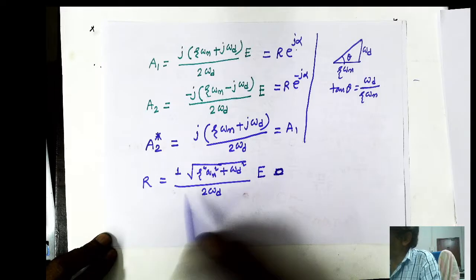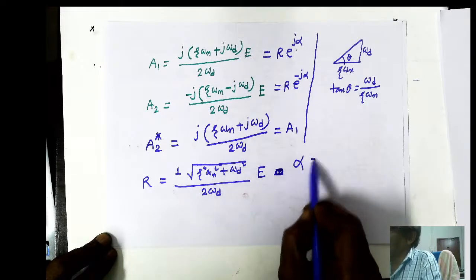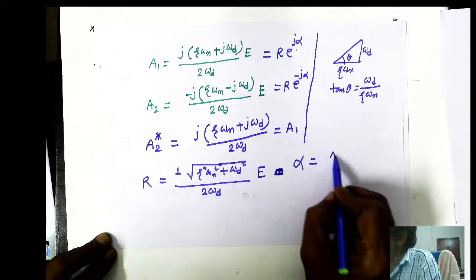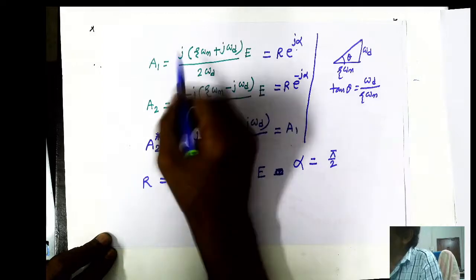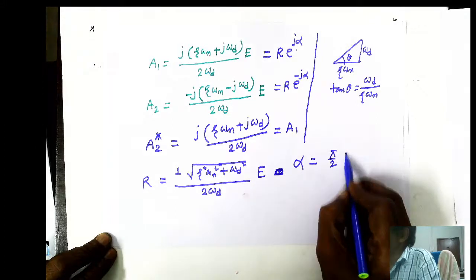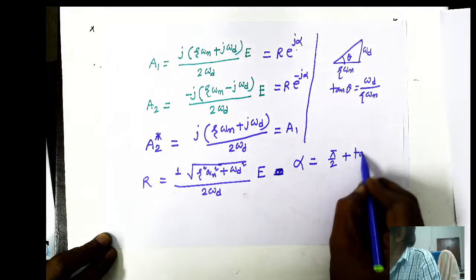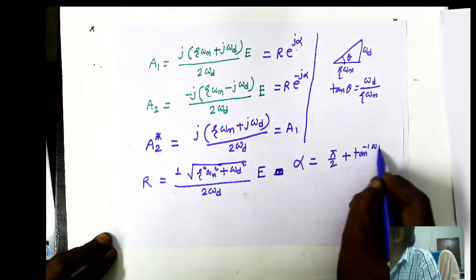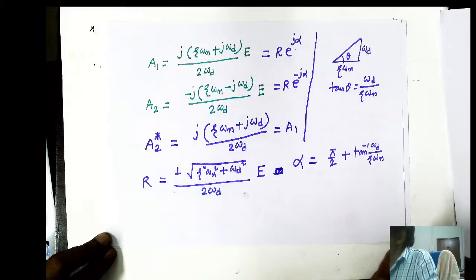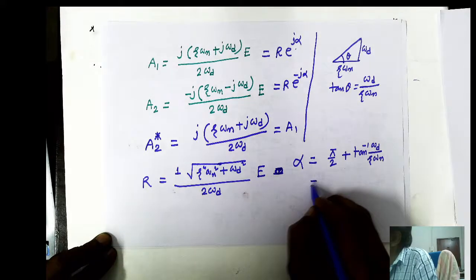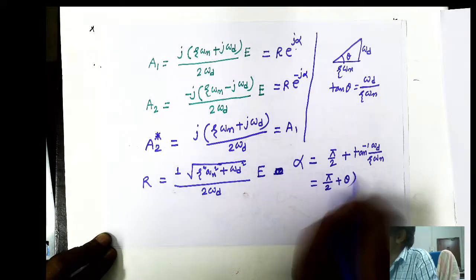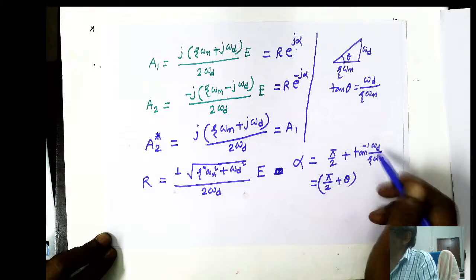What is alpha? Alpha will be this angle, which is 90 degree, isn't it? Pi by 2. What is this angle? It is plus tan inverse omega d by zeta omega n. This is the value of alpha, isn't it? So this will become equal to pi by 2 plus theta, where theta is tan inverse omega d by zeta omega n.